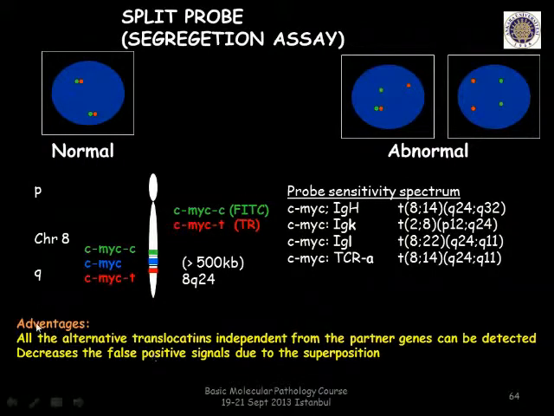So you can show all the alternative translocations independent from the partner genes, and decrease the false positivity signals due to the superposition.